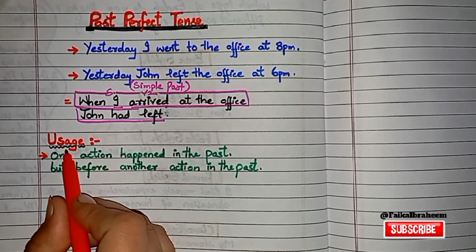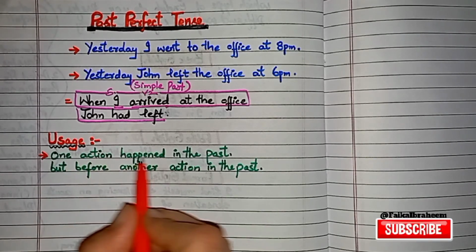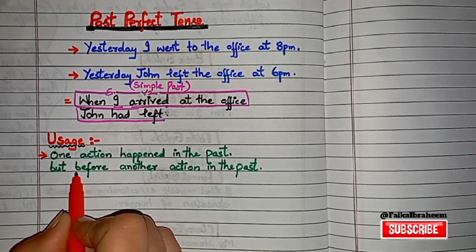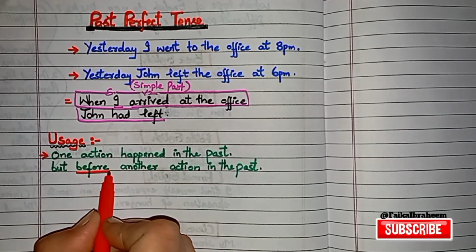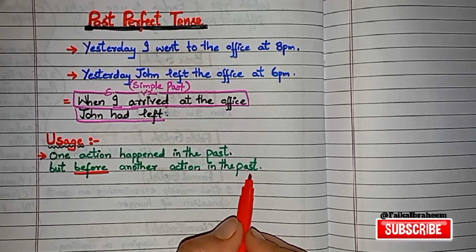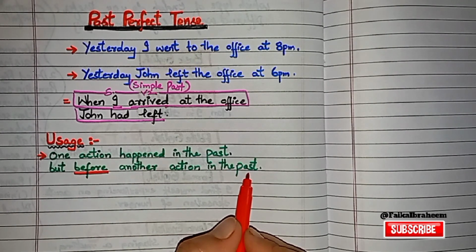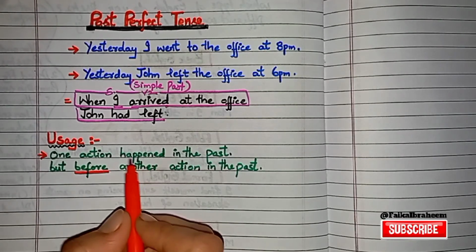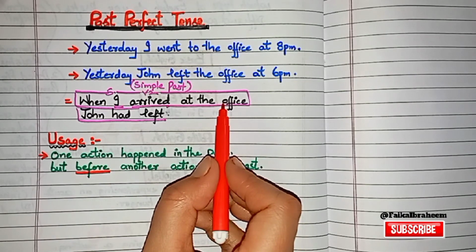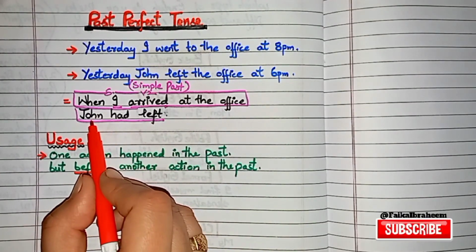One action happened in the past, but before another action in the past. We use past perfect tense to talk about one action that happened in the past but before another action in the past.